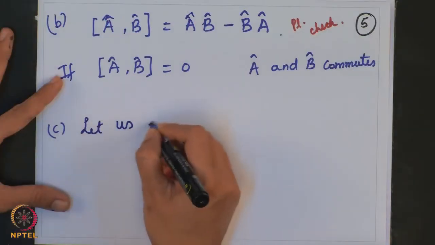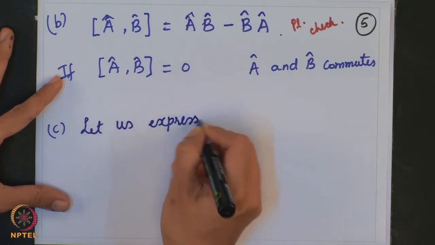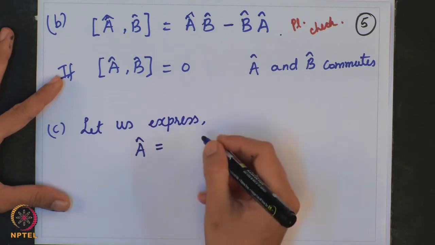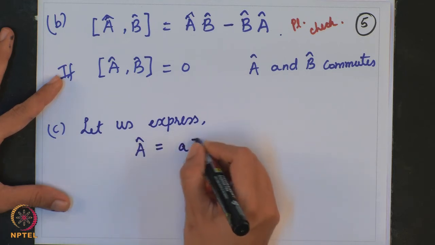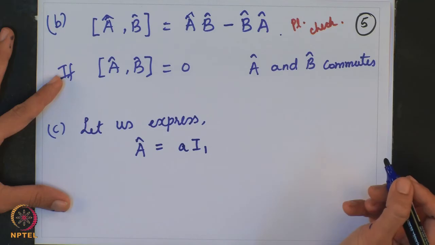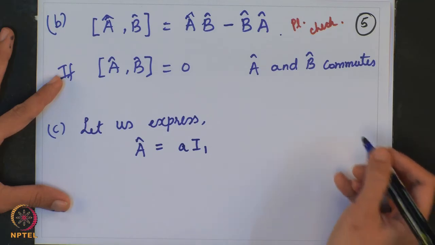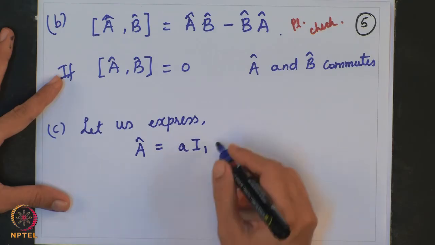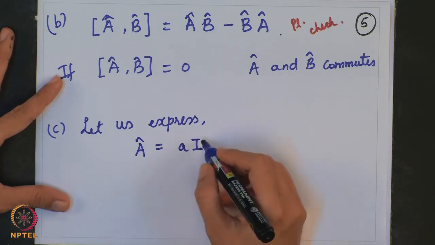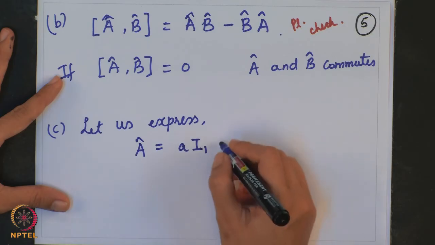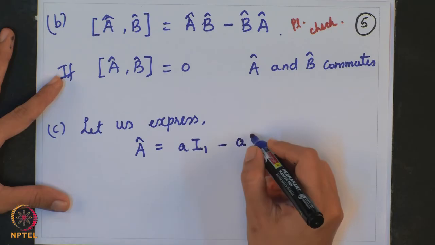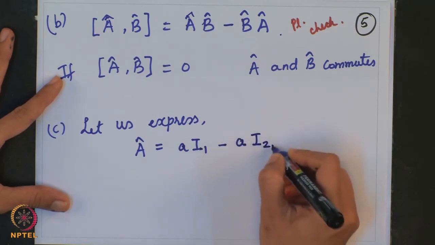So, let us express operator A as A I1, where I1 is the one-dimensional identity operator, minus A I23.